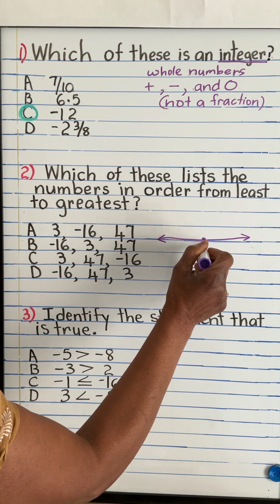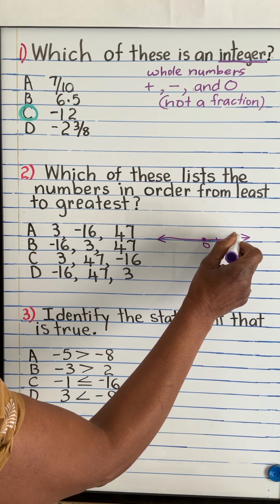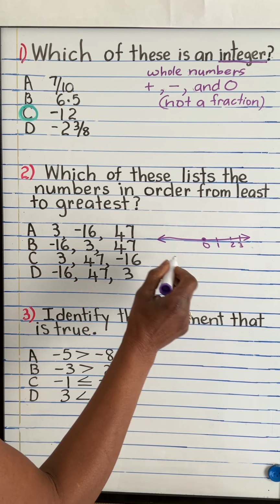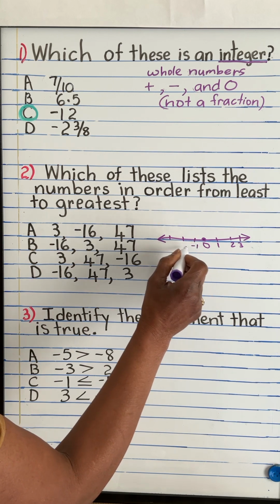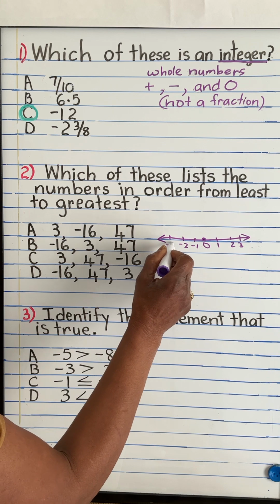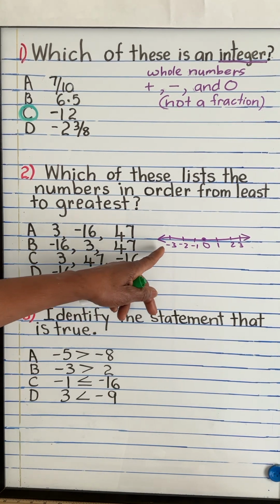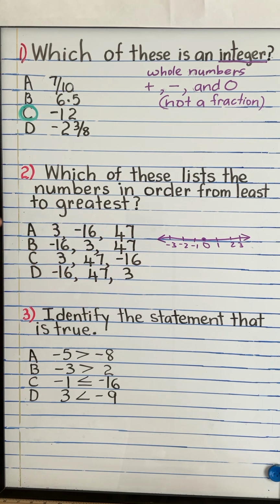This is 1, 2, 3, and negative 1, negative 2, and negative 3. So we know that this continues: negative 4, negative 5, negative 6, endlessly.